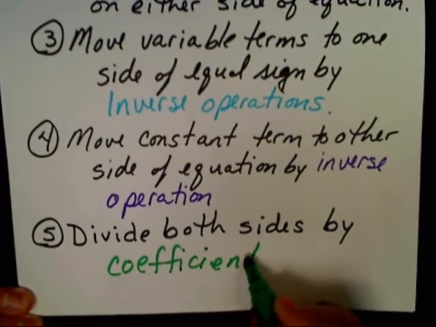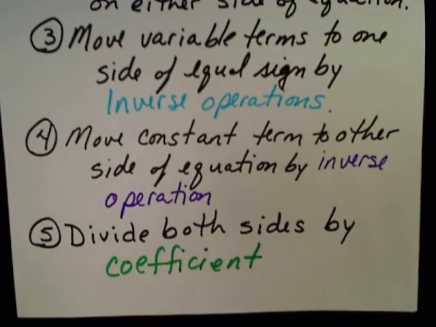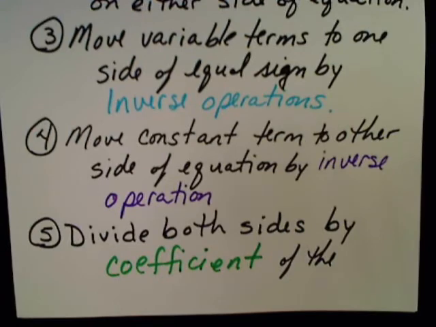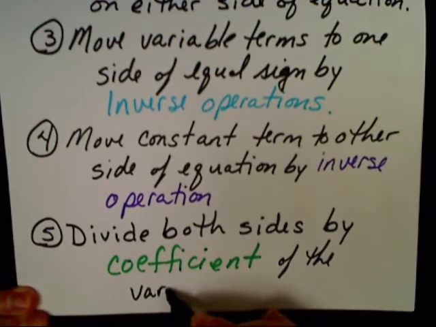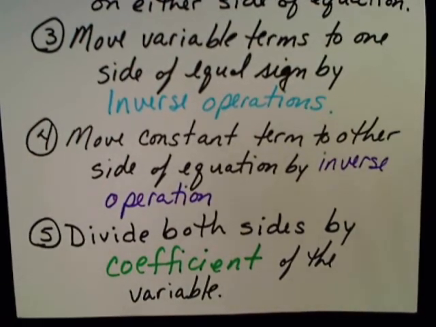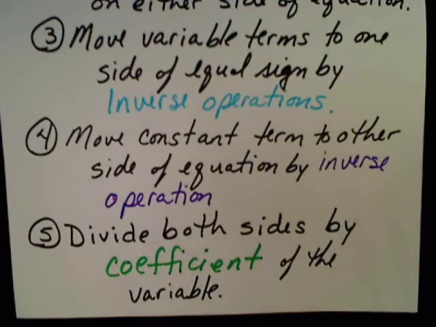It simply means the number in front of the variable. And yes, for the purposes that we're doing, we're going to be dividing. Technically, you could be multiplying if there is division there, but we're not really going to be doing a whole lot of those types of problems.